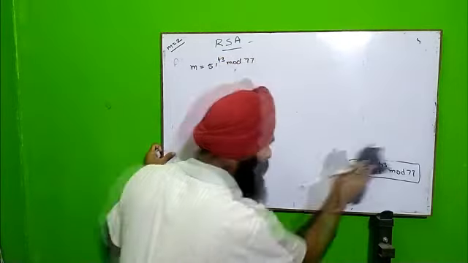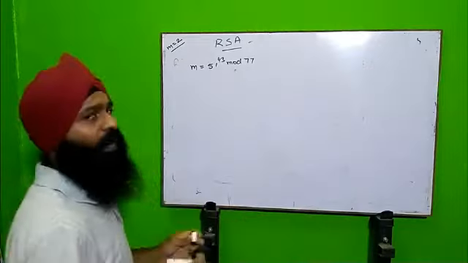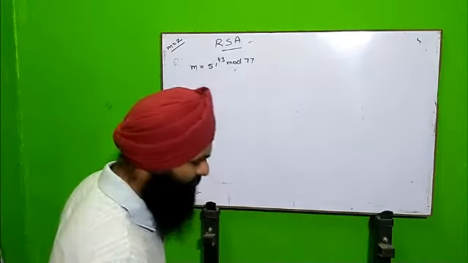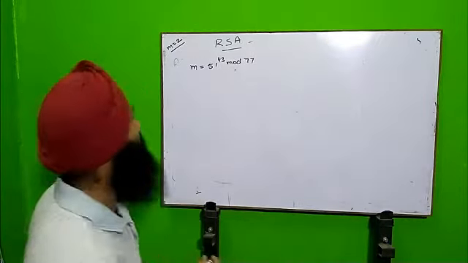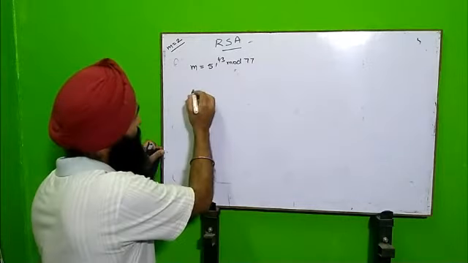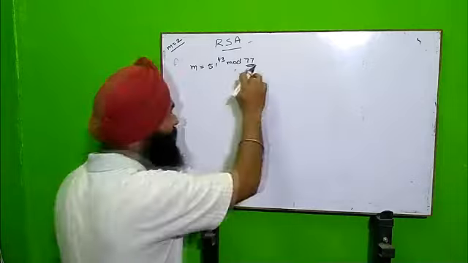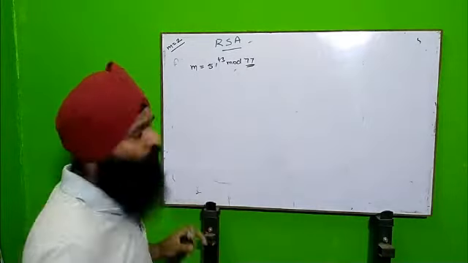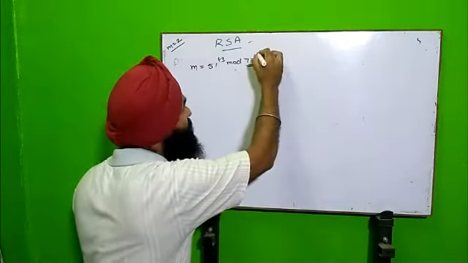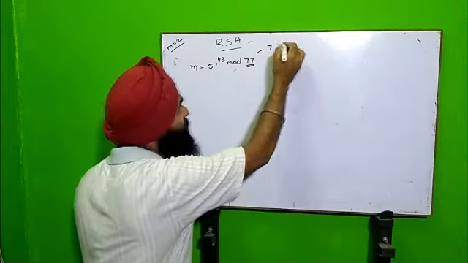So now in the Chinese Remainder Theorem, we have learned one special case. That special case is if this n is the multiplication of two prime numbers. Here we have 7 and 11.